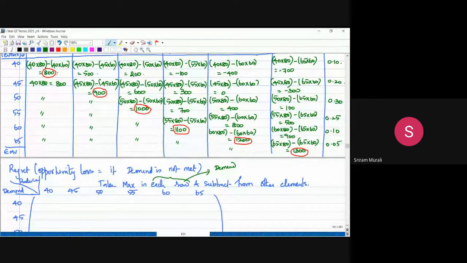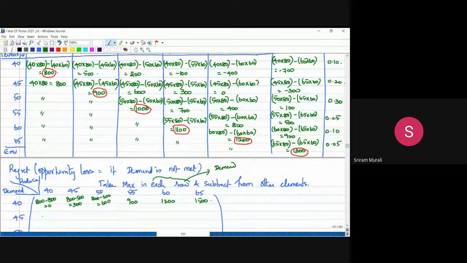If 800 is a maximum, then subtract with all elements. 800 minus 800. This is 0. What is next one? 800 minus 500. This is equal to 300. In the same way, 800 minus 200, which is 600. Likewise, you do the rest 900, 1200, and then 1500.